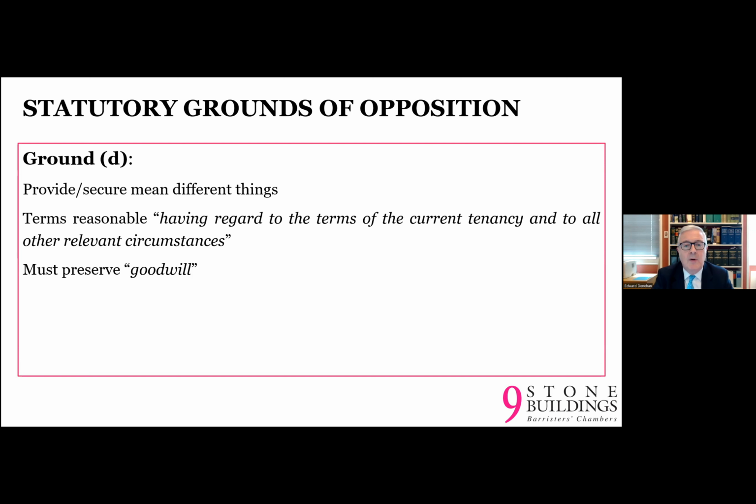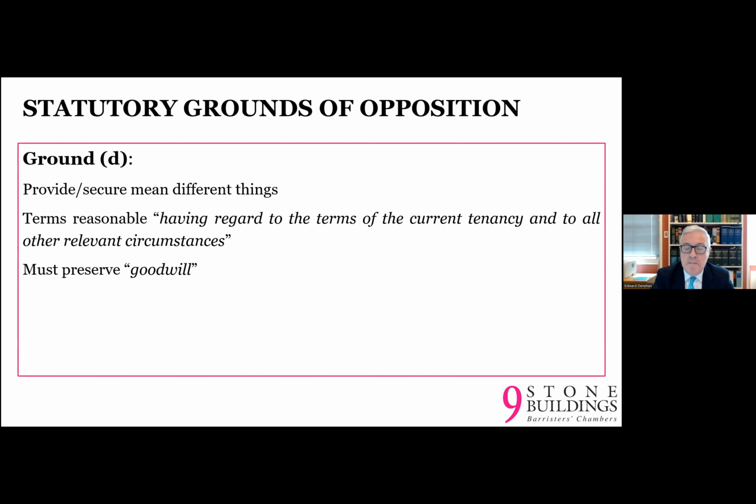And so the starting point in the context of ground D, as it is under section 35, is that one looks at the terms of the current tenancy, and if what's being offered in terms of the terms on which the tenant will occupy the offered accommodation are not comparable, I go as far as to say that, then it's unlikely that ground D will be made out.